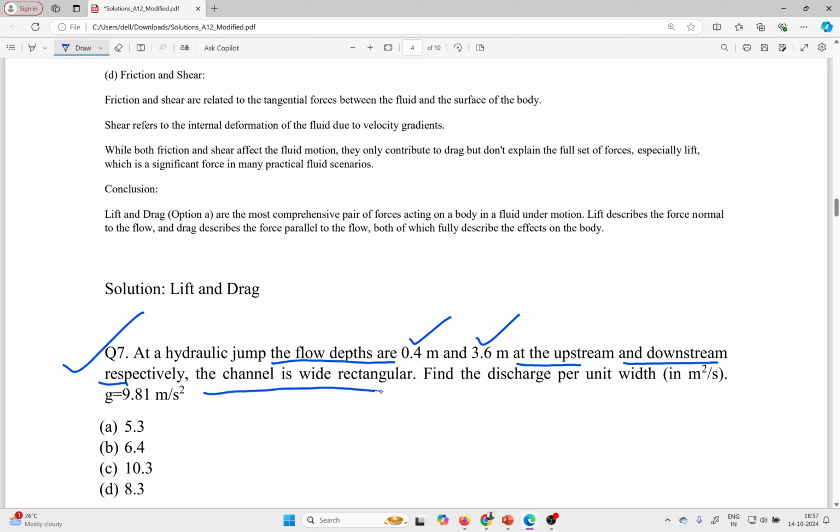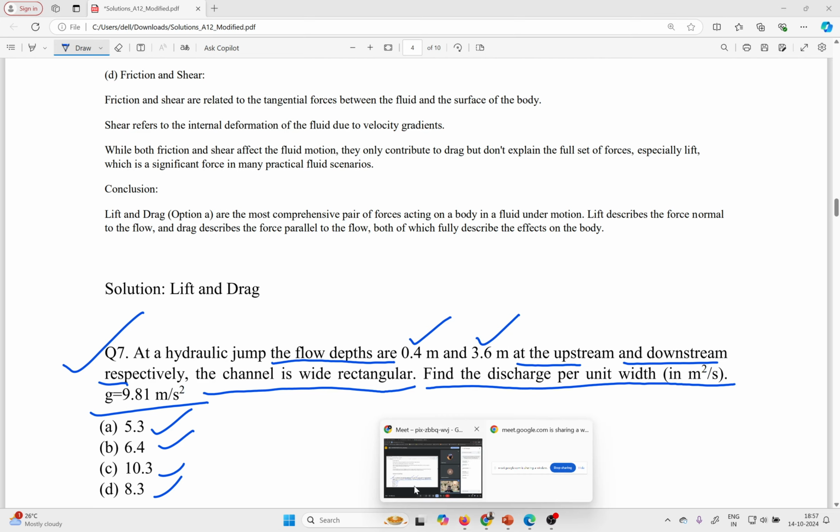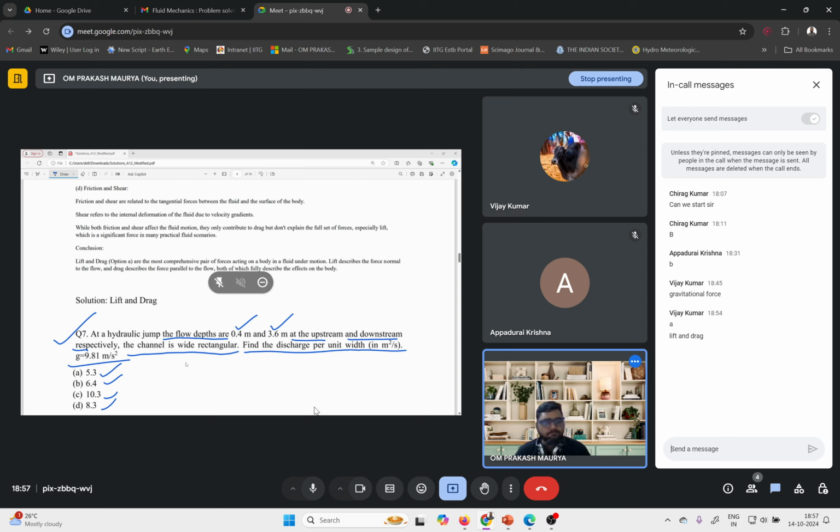The channel is wide rectangular. Find the discharge per unit width. g is equal to 9.81 meter per second square. Options A, B, C, D are given. So please try to calculate and give your answer in the chat box for question number 7.